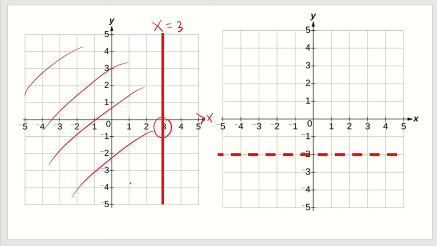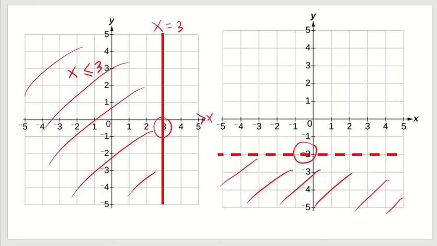Tell me what is the inequality for this shaded region? x less or equal to 3. And also the equation for this one, cut at 2.